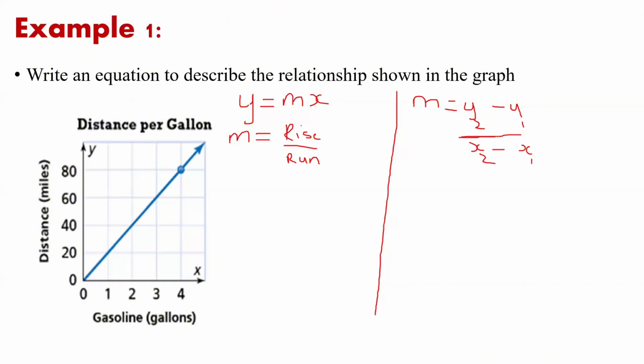I'm going to show you how to use these two formulas to find the slope in order to write the equation. Let us use rise over run first.